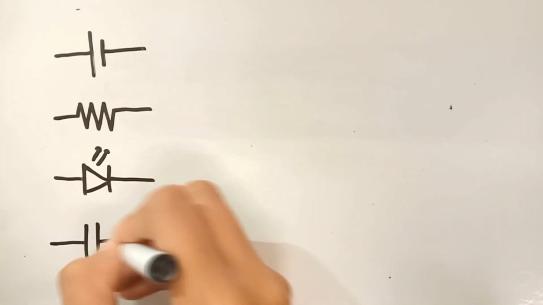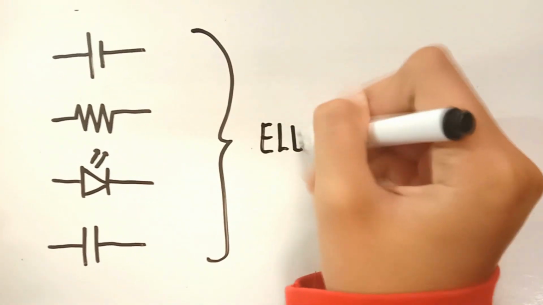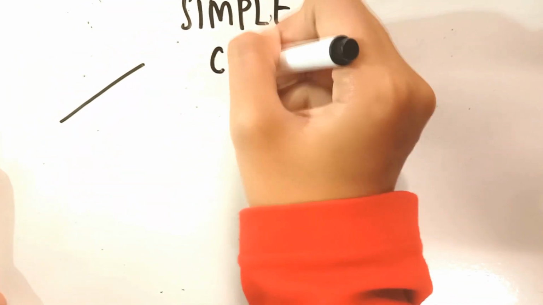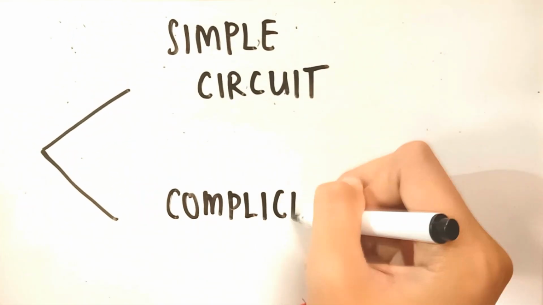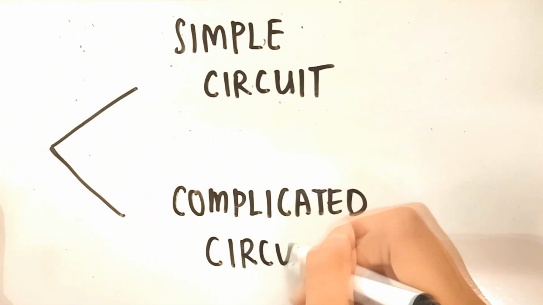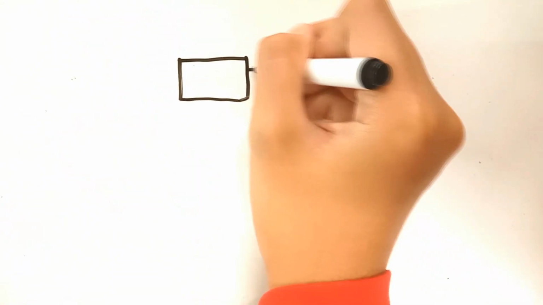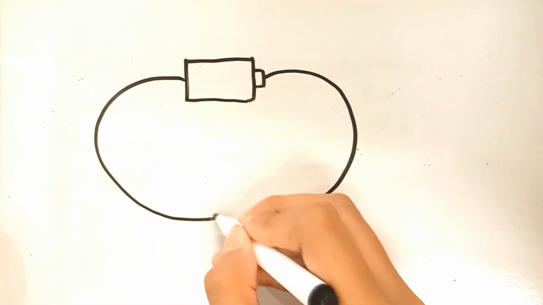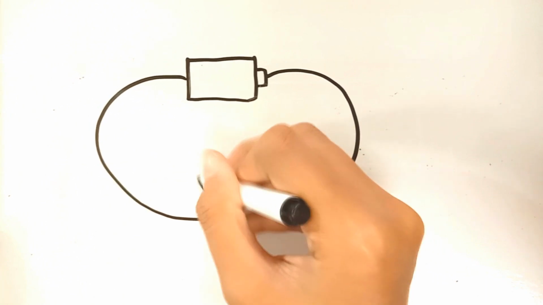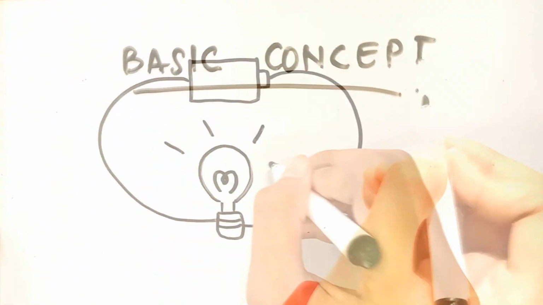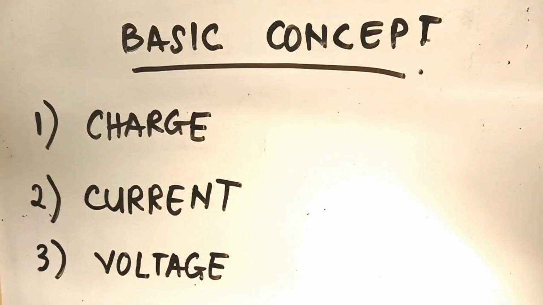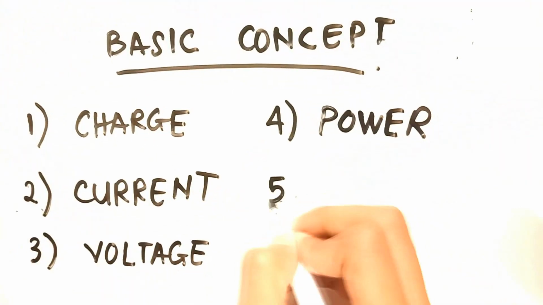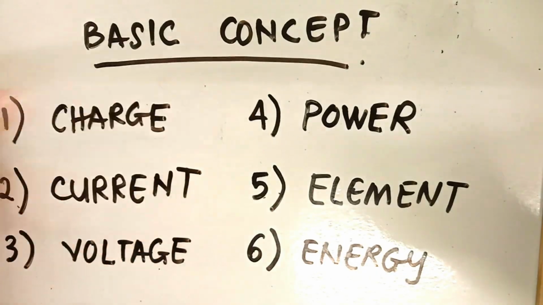The components of the circuit are known as elements. There are simple circuits and complicated circuits that are used in numerous electrical systems to accomplish different tasks. Our objectives are to study various uses and applications of circuits. These concepts include charge, current, voltage, circuit elements, power and energy.